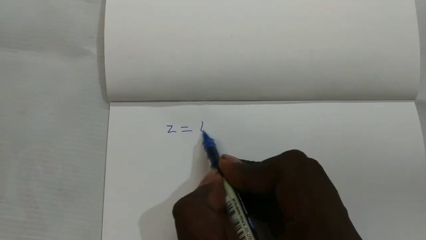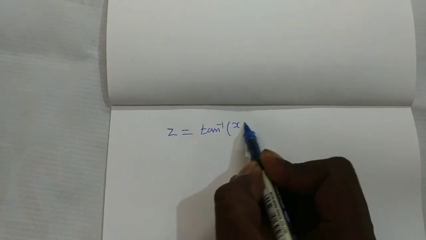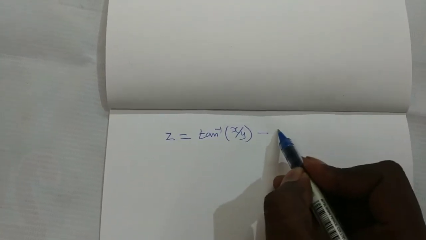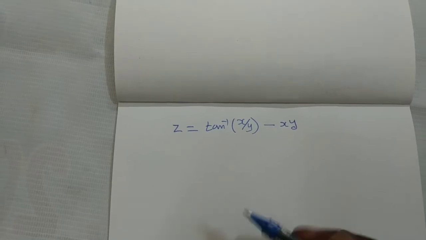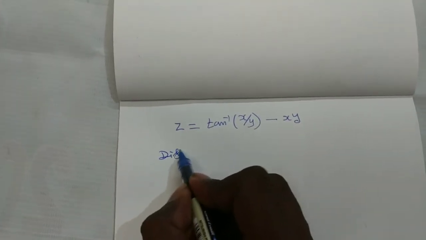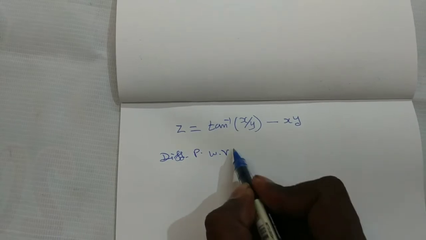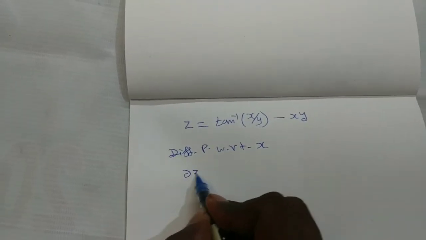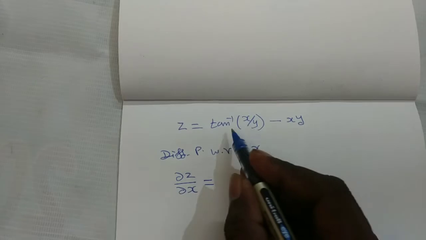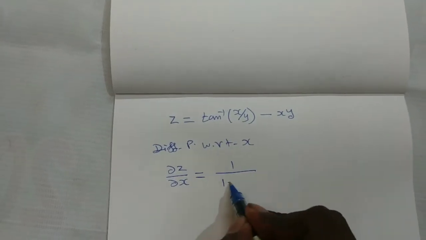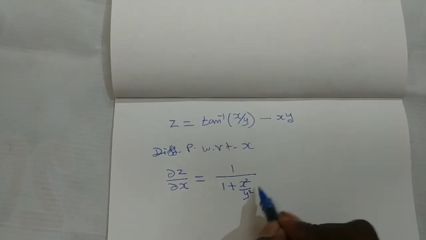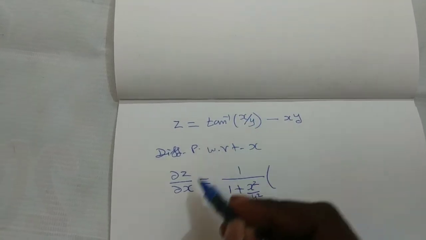To find the RHS, once again I'm going to take the z value. So z equal to tan inverse of x by y minus xy. To find ∂²z/∂y∂x, first I am going to differentiate partially with respect to x. So differentiating partially with respect to x, ∂z/∂x. Tan inverse x is 1 by 1 plus x square, into the differential of the inner term with respect to x.